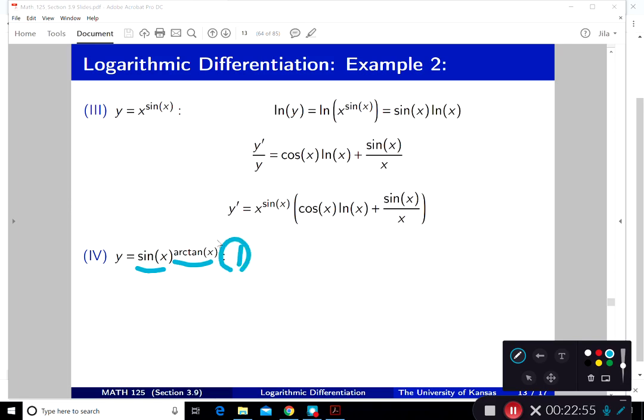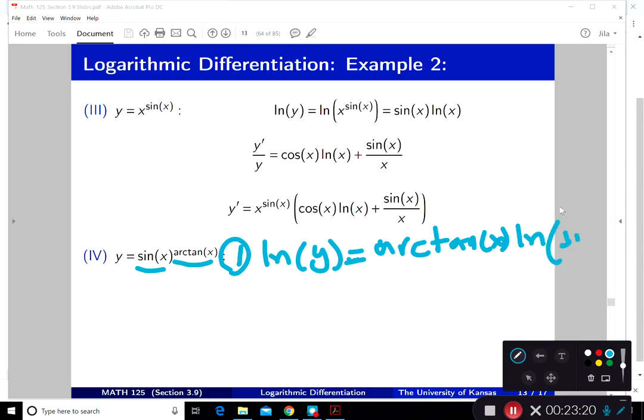Again, the first step is to take the natural log of both sides. And so you get natural log of y is equal to natural log of something to a power. The power comes down, and the natural log of the base.